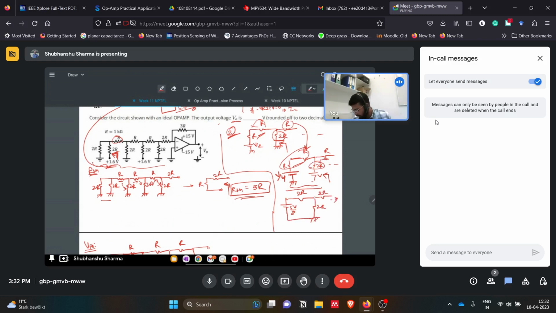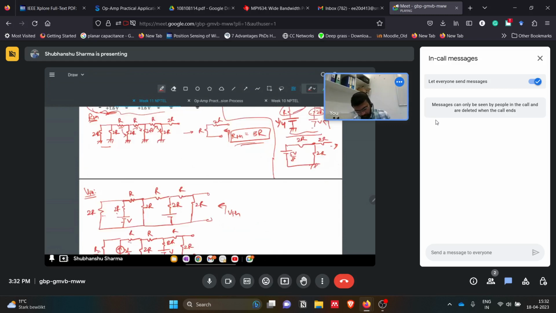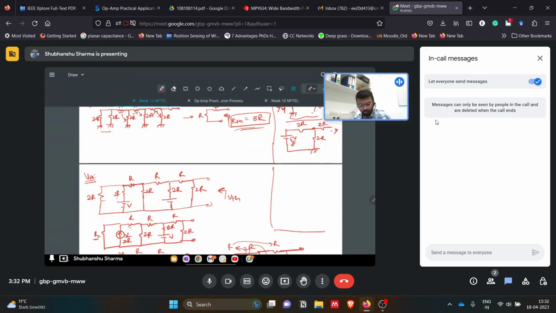So finally, after this, what will this voltage be? If we use Thevenin VTH and RTH here, then RTH will be 3R, and this will be 5V by 16. This is grounded, this is minus plus, this is 3R, I think.